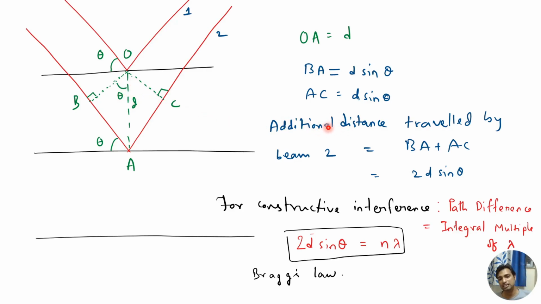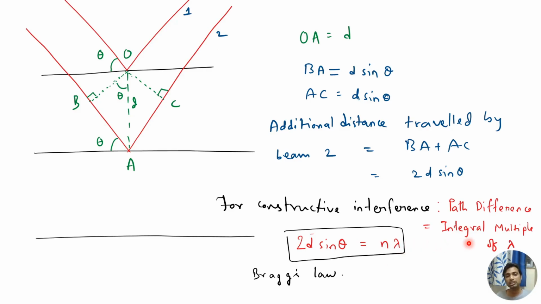So the additional distance travelled by beam 2 is BA, which is d sine theta, plus AC, which is again d sine theta, so we have 2d sine theta. This is the additional path difference that beam 2 takes with respect to beam 1. Now if you want to put a detector here, we want these two beams to constructively interfere so that we get some beam.